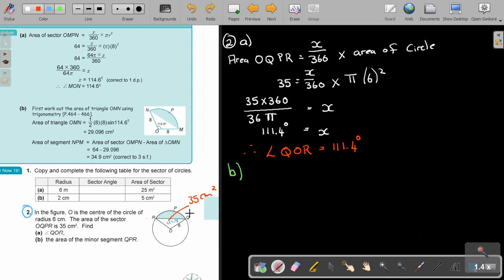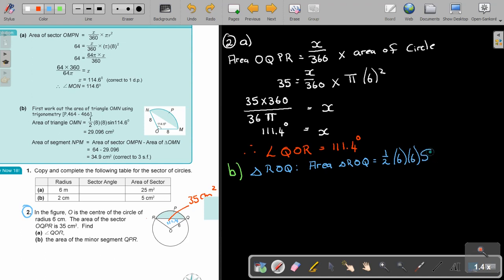So first calculate the triangle ROQ. The area of triangle ROQ is going to be half times, now this is going to be the sin, it's the non-90 degree triangle.